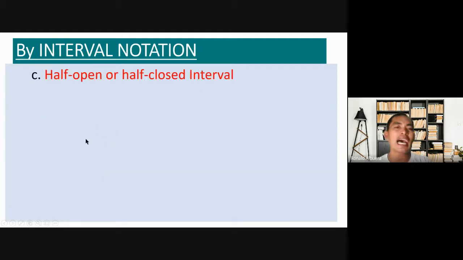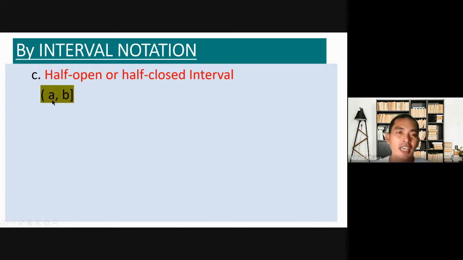Another, half open or half closed interval, we have the symbol, open parenthesis, from A to B and close bracket. So, bakit wala akong nakalagay dito kung paano babasahin? Kasi pwede itong half open or pwede itong half closed, depende kung ano ang direction mo.